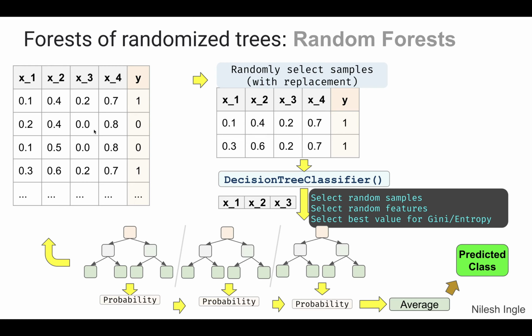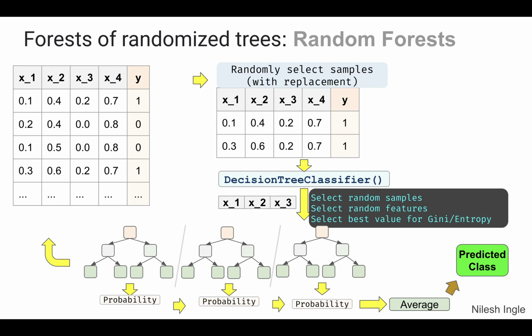So in random forest, what we do is we can sample again the records from the main data set, then fit a decision tree classifier in this case, and then we can select which features we can use as nodes.